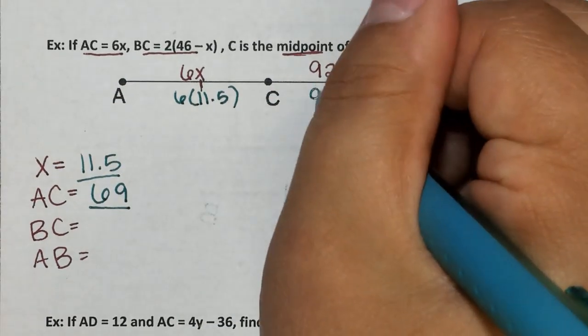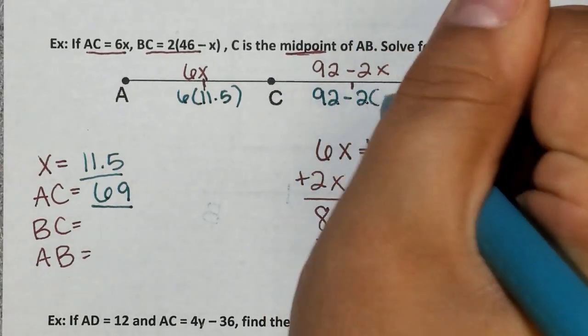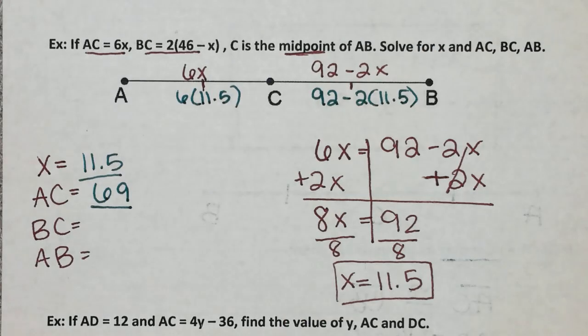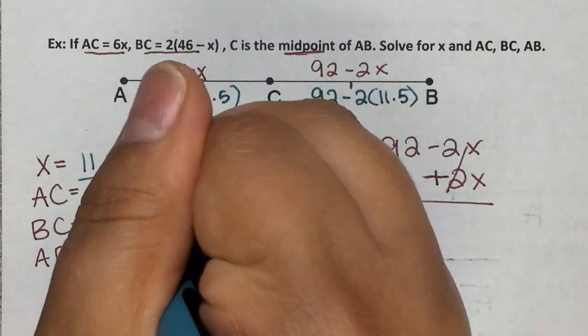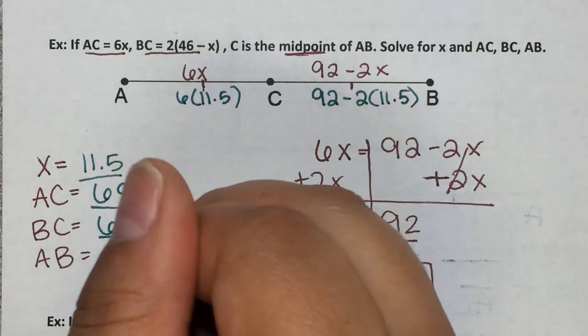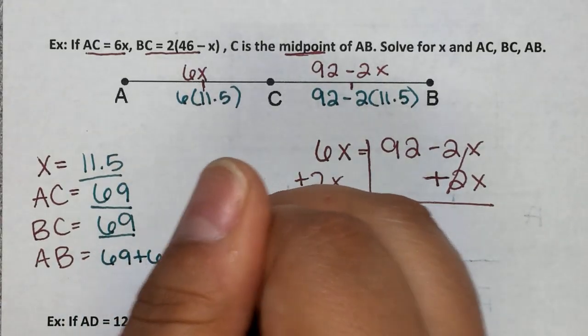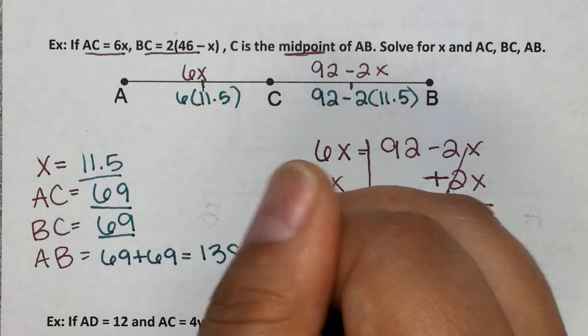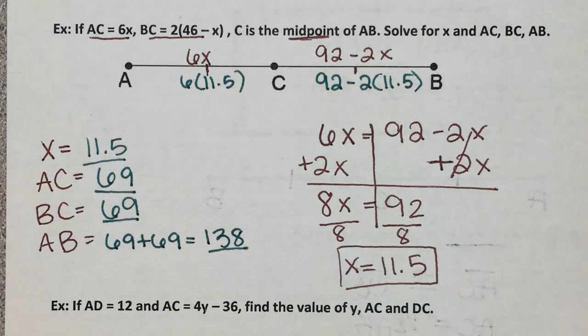And what is 92 minus 2 times 11.5? Should they be the same? Yes. And then how do I find the whole thing? 69 plus 69 is 138. Do I have any questions about this example? Are we comfortable with that?